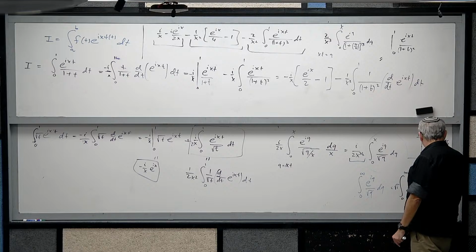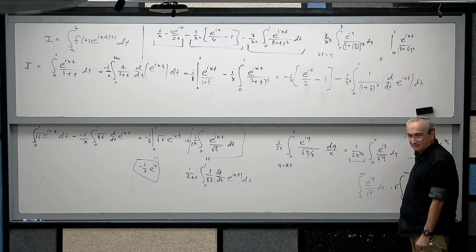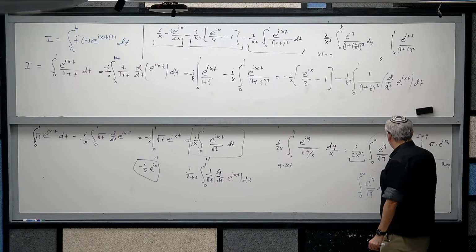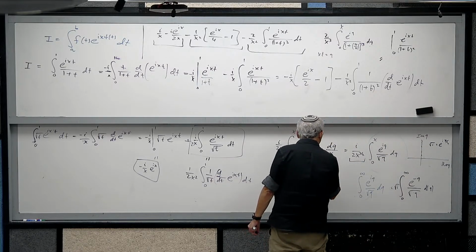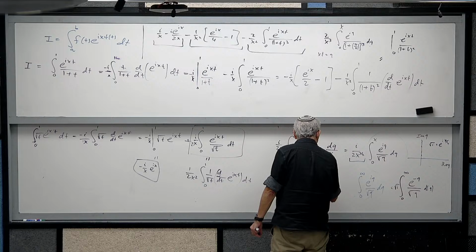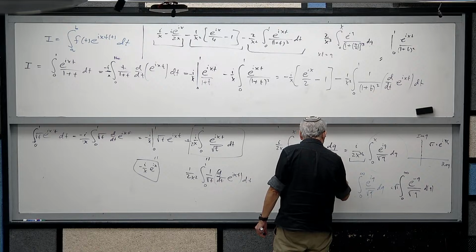And now, what is this integral? What remains is a gamma function, gamma of 1/2. So what I obtained is i over 2x to the 3 halves times e to the i pi over 4 times gamma of 1/2.